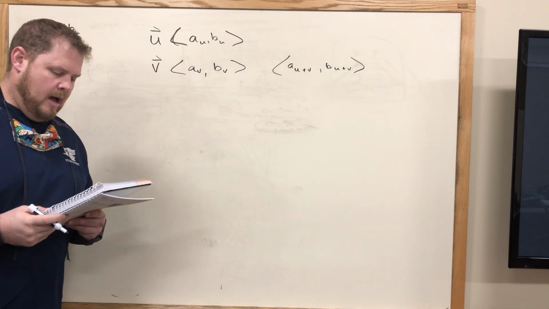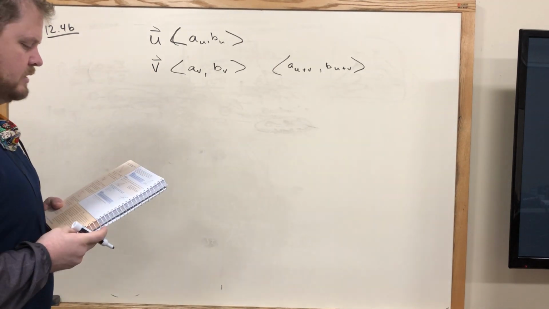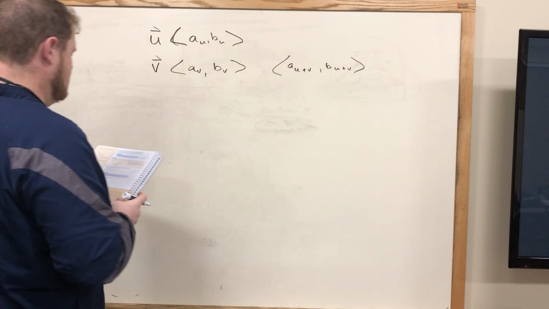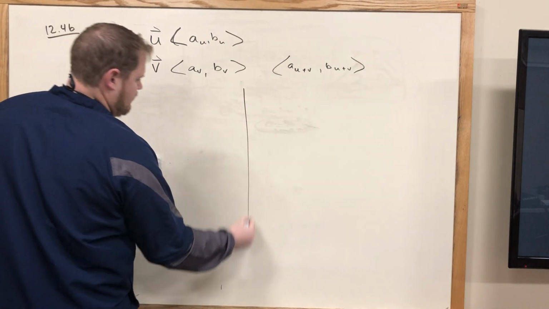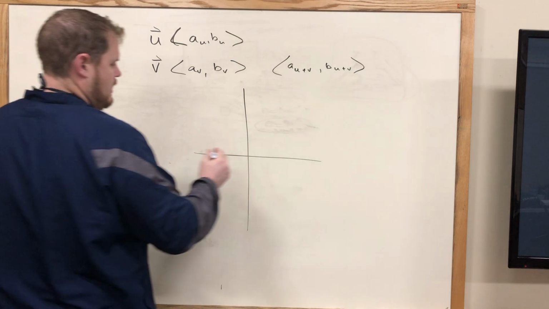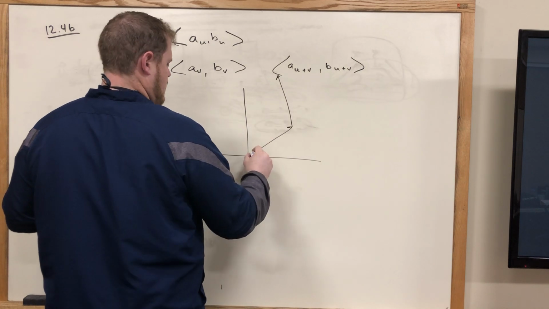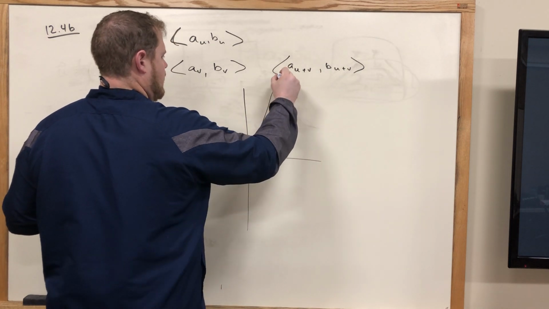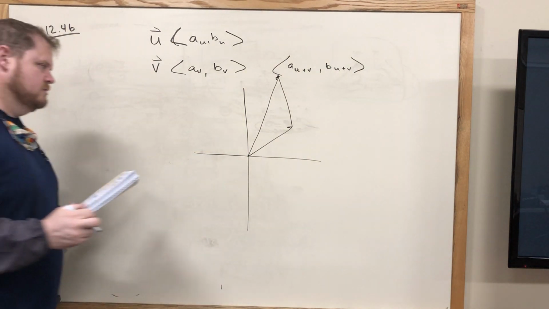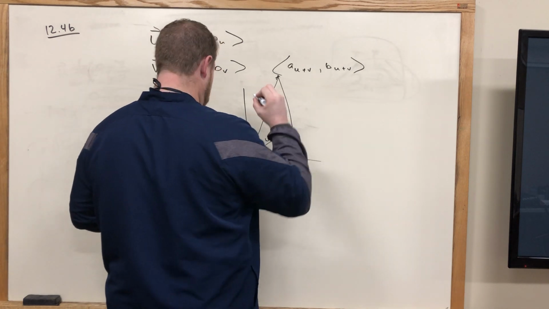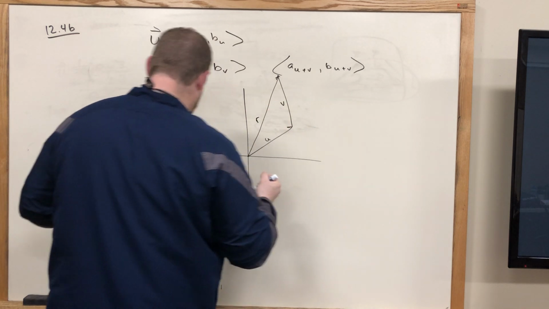If I have a drawing that looks like this, and I have my first vector, my second vector, when I add those together, I'm going to end up with that vector. Does that make sense to everybody? So this would be U, this would be V, and then this would be the addition of those two, which is going to be R.